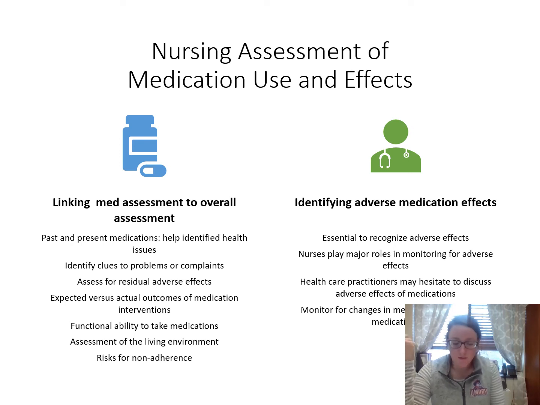We also are able to look at altered therapeutic effects and adverse medications, so med-nutrient, and med-herbal medications. And so identifying these adverse medication effects, the first step in alleviating these medication effects is to recognize their existence, right?